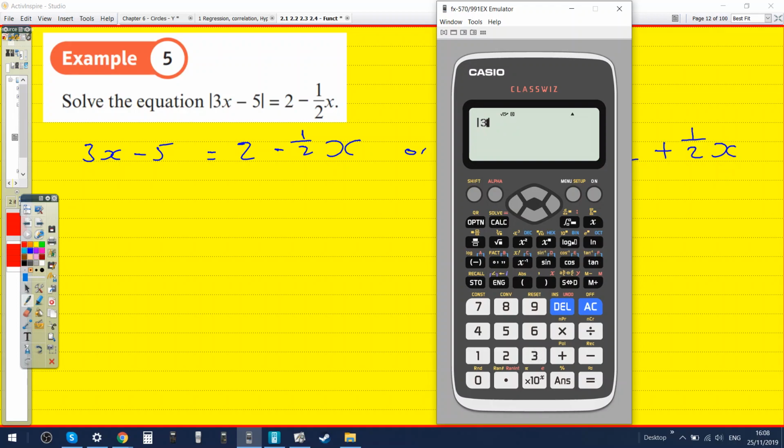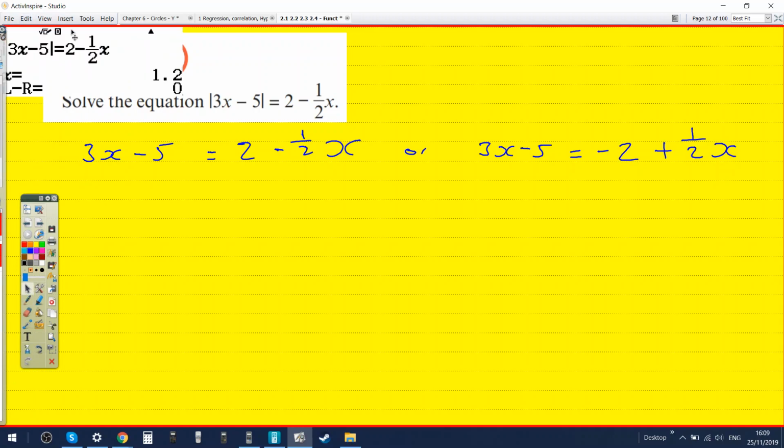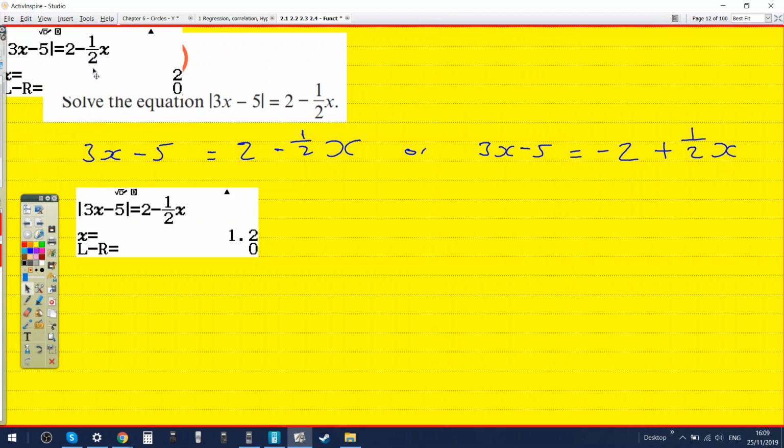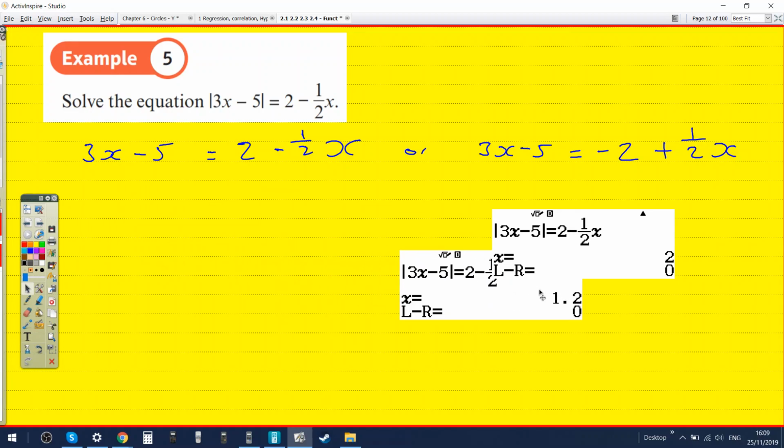Absolute. I got that to be 2. Okay. So x equals 2.